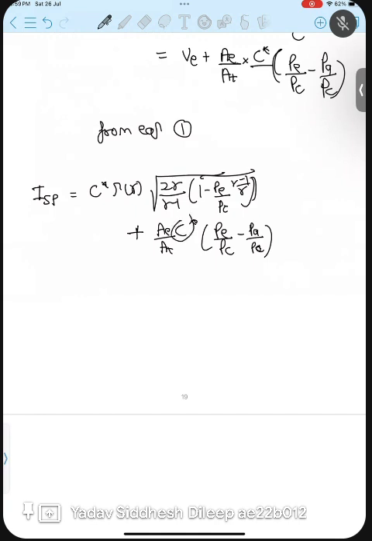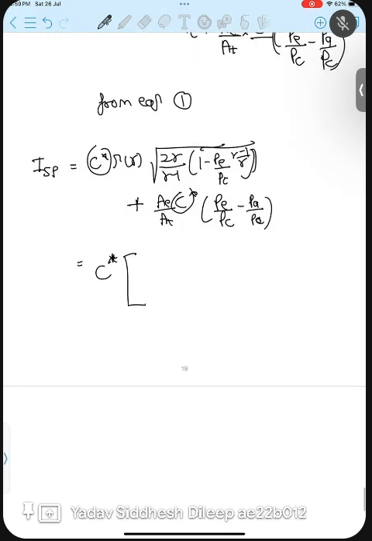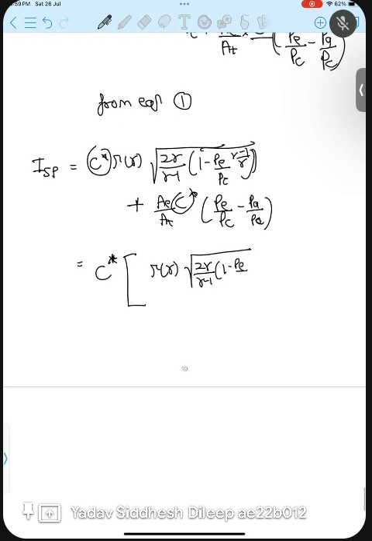And now C star, you can see, is common here, so C star times the whole bracket. Now you will see why what is coming at the end: gamma under root of 2 gamma upon gamma minus 1 times (1 minus (P by PC) raised to (gamma minus 1) by gamma) plus A by At into (P by PC minus PA by PC).